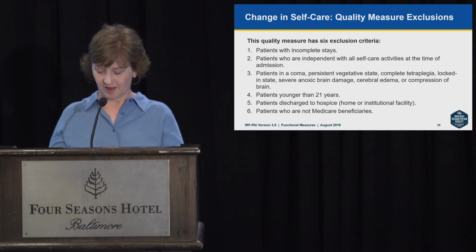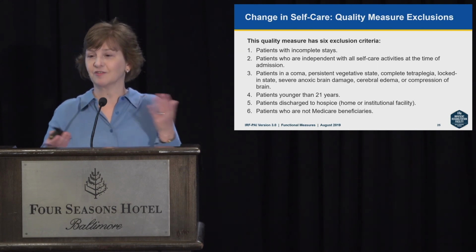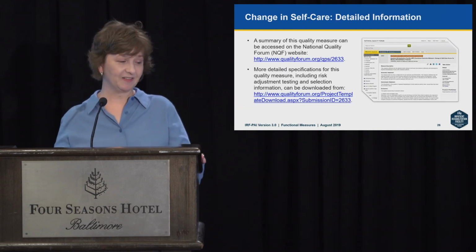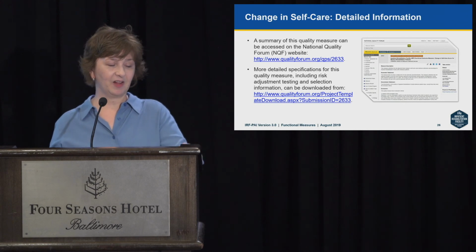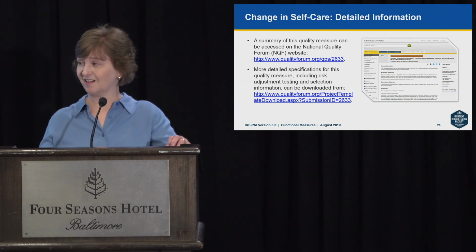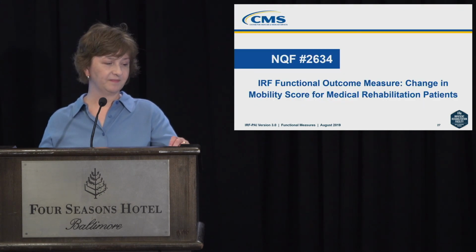And then, of course, Medicare does not have data for non-Medicare patients, so those patients are not included in the measure. If you're interested in more details about this measure, it is available on the NQF website. There's actually lots of details there, and you're welcome to find that if you're interested.